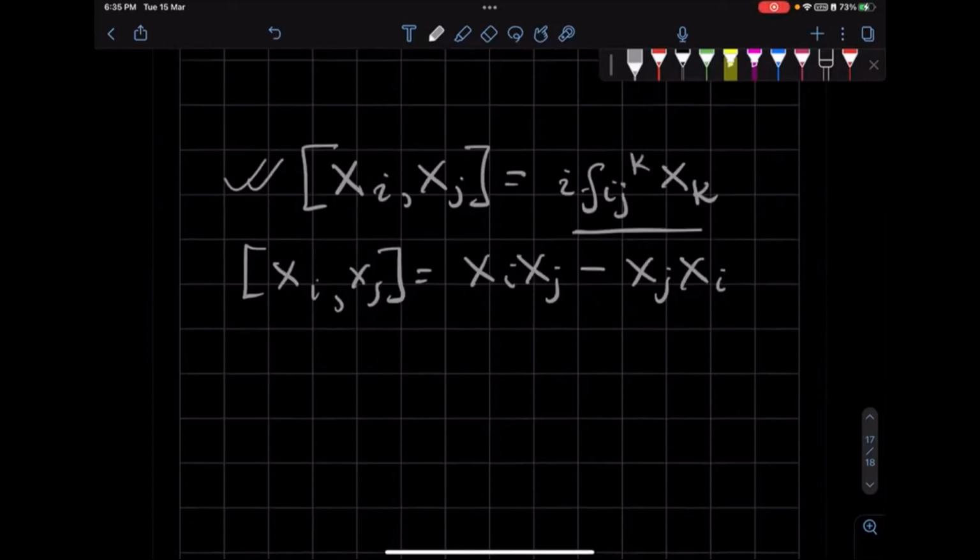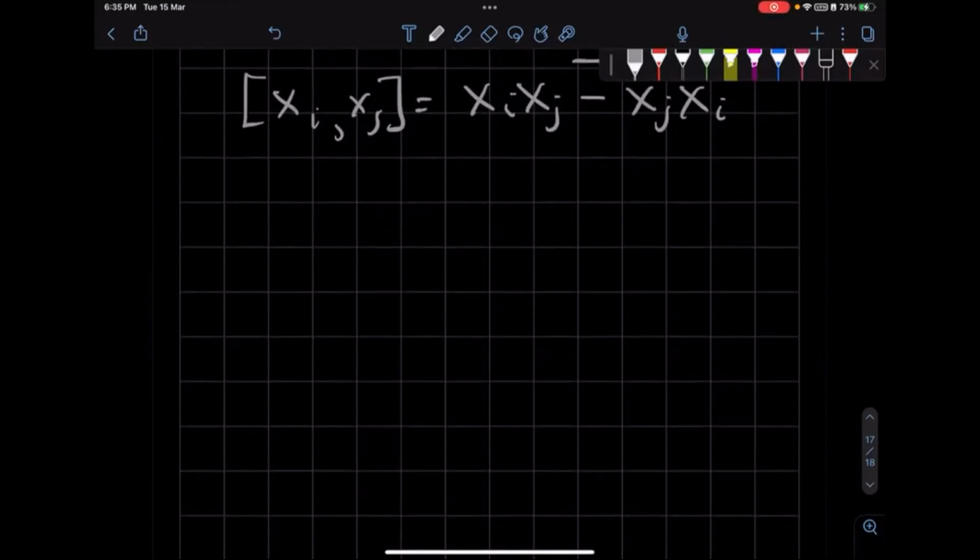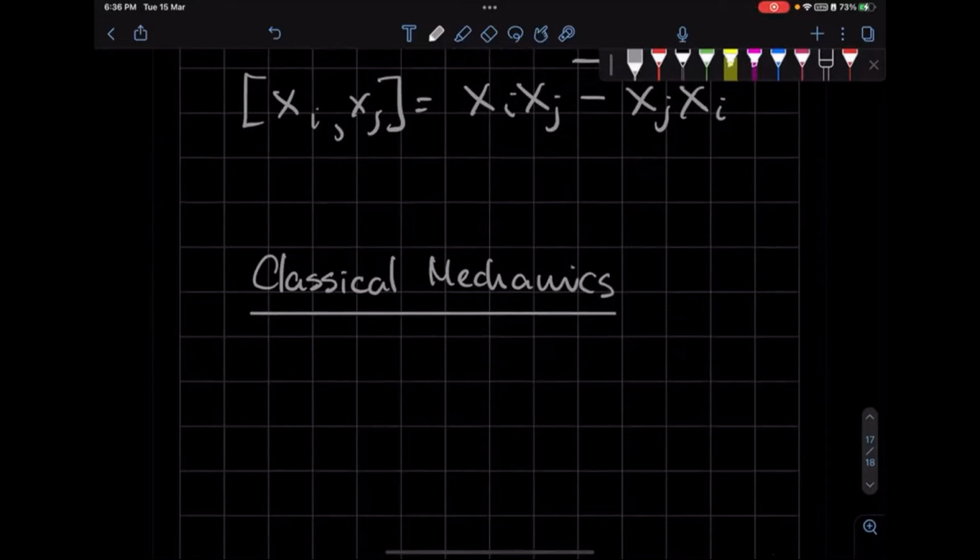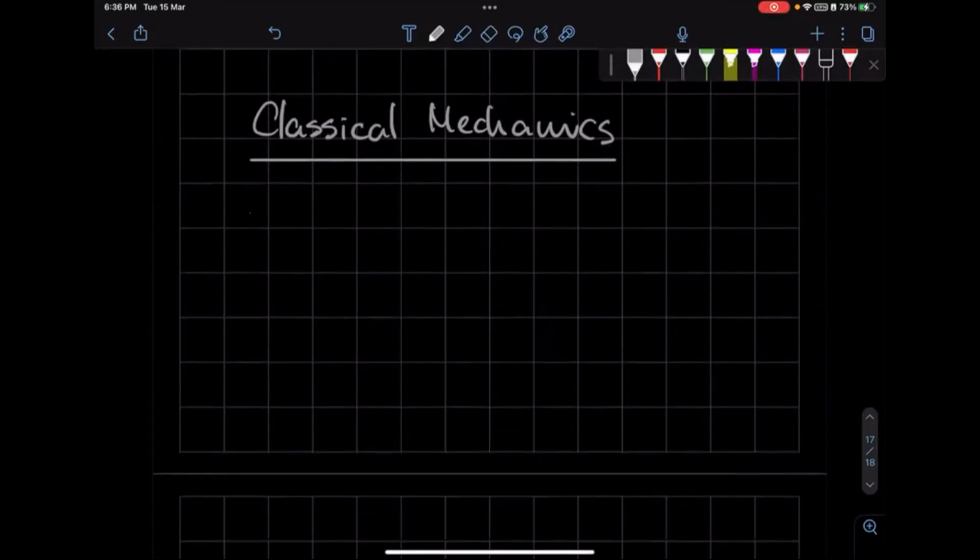So let me just give you another example of a Lie algebra. So in classical mechanics, and I apologize to the math students who haven't seen classical mechanics, we have a physical system which has certain coordinates, qi. These are known as generalized coordinates.